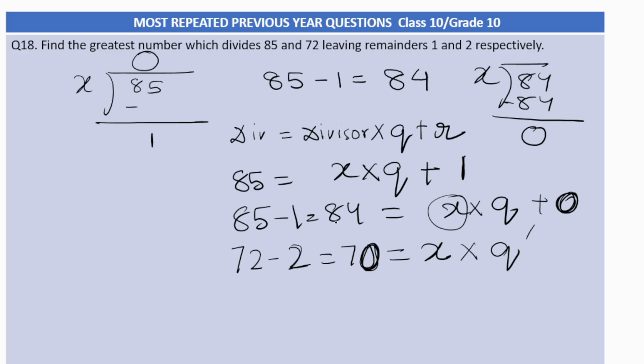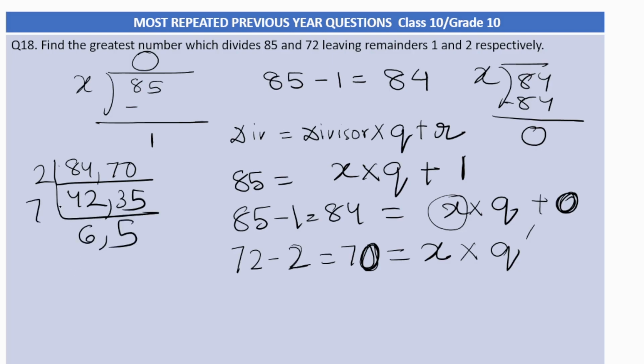Now for this 84 and 70, what is the value of x? I can easily find out. Let's try. 84, 70: 2 4s are 8, 2 2s are 4... 42 and 35; 7 6s are 42, 7 5s are 35. Now there is no common factor after this.